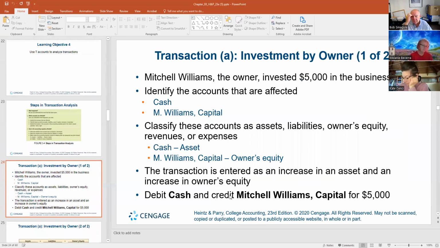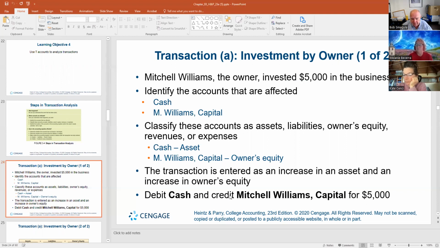So here's our famous first transaction. He invested $5,000 in business. So what are the accounts that are going to be affected? Cash and the capital, right? The cash is going to go up because he put $5,000 into the business, and the capital goes up commensurately with that, 5,000. And then we want to classify them as assets or capital or liabilities.